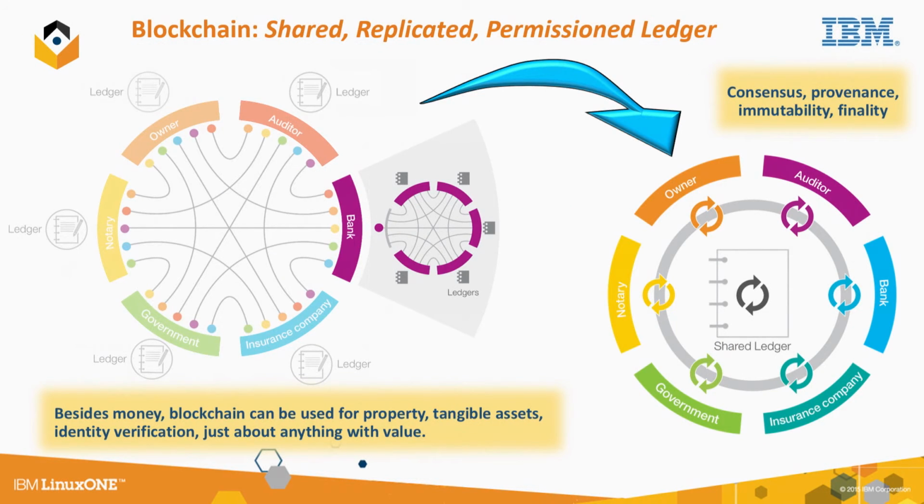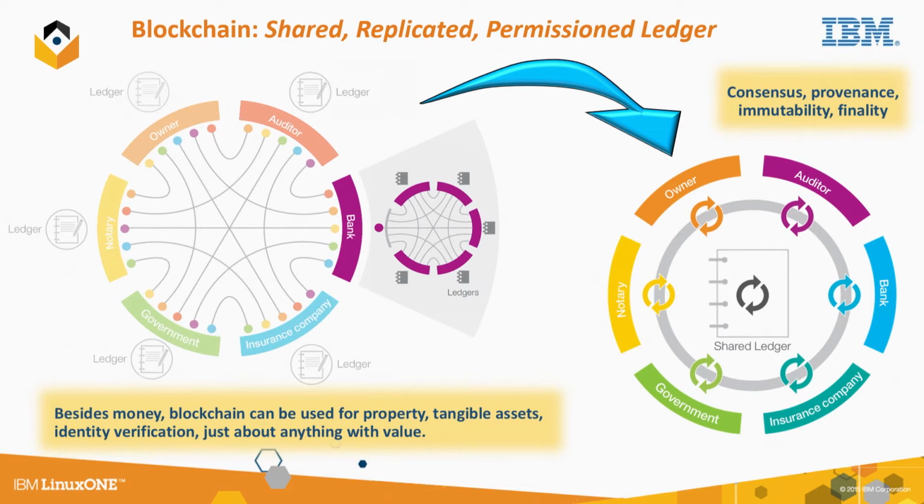I'm going to give you one slide on blockchain. I'm going to hurry through it. So blockchain is a shared ledger. You have a number of parties. Previously, they all had their own ledger, and they had to communicate. There was opportunity for fraud. I could have double books. You've heard of that, of course. When you have one single shared ledger, there's no double books. Everyone has consensus about what's in it.